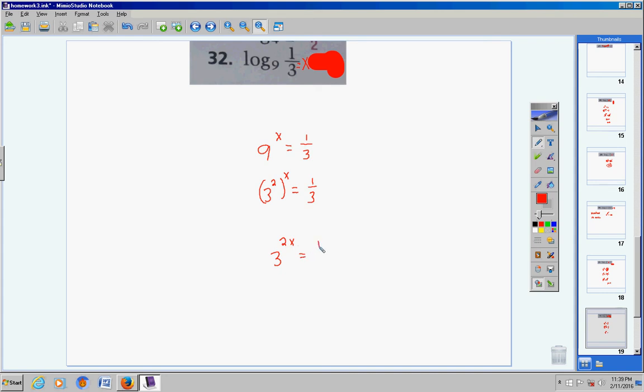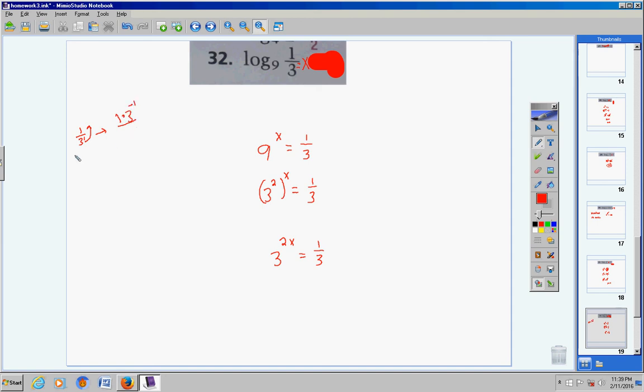I'm still not close to being done, guys. What about this 1/3? Well, hold it, I've got an idea. Let me come over here and fool around with this 1/3. I could take this 3 as a power of what? 1. 3 to the 1 power. I could bring this up top. So then I would have, there's a 1 up top already. Bring my 3 up top, that would be 3 to the what power?